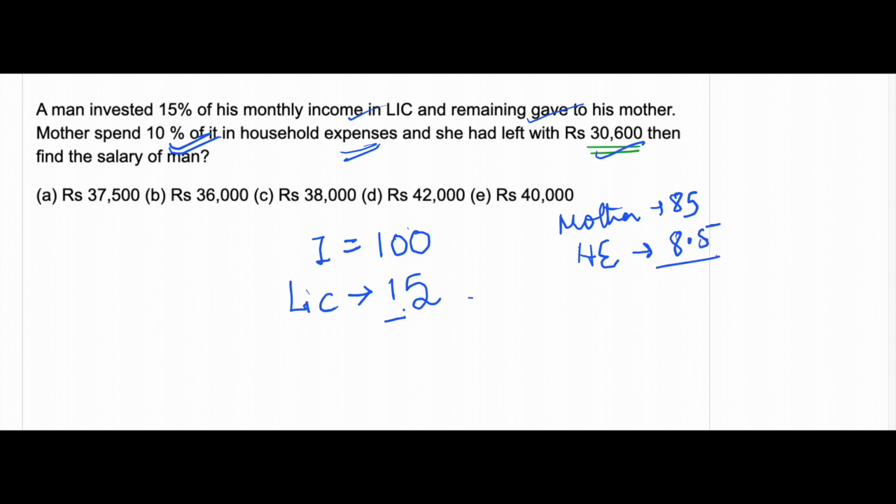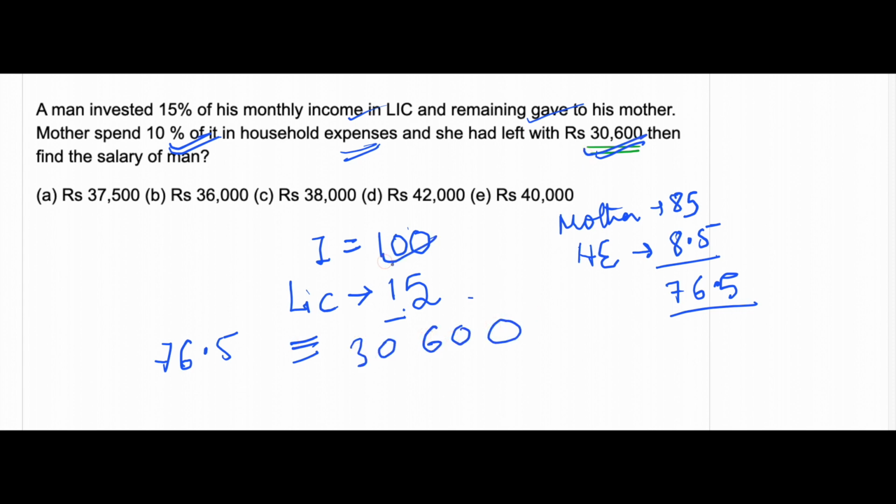So 85 minus 8.5 is 76.5. So 76.5 is equal to 30,600. So what is 100 equal to? Because the question wants to know the salary of the man. So divide 30,600 by 76.5 and multiply by 100.